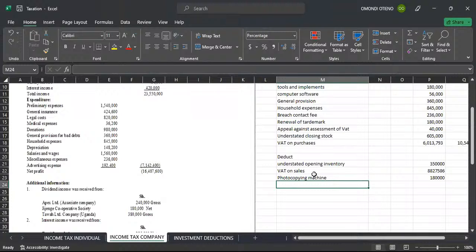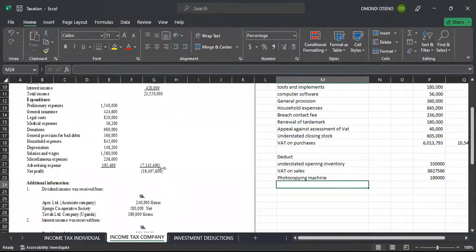Any other thing that is remaining there? So most of the things that you're going to deduct here is the allowable, which has not been deducted, and also any revenue that should not be recognized when you're calculating taxes.